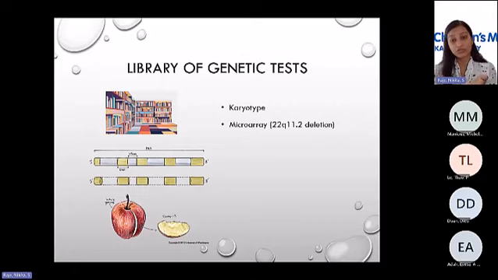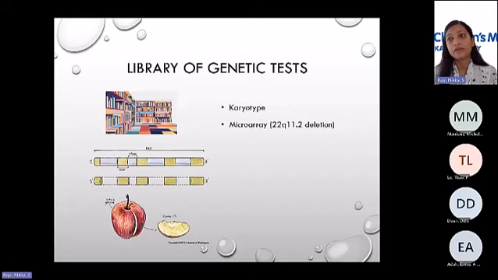It goes through a gene to see if there is a missing piece of a chromosome or an extra piece of chromosome added to it. That's your microarray, where if there is a copy number variant, such as 22q11.2 deletion or 22q11.2 duplication, you can find all kinds of deletions and duplications with microarray.